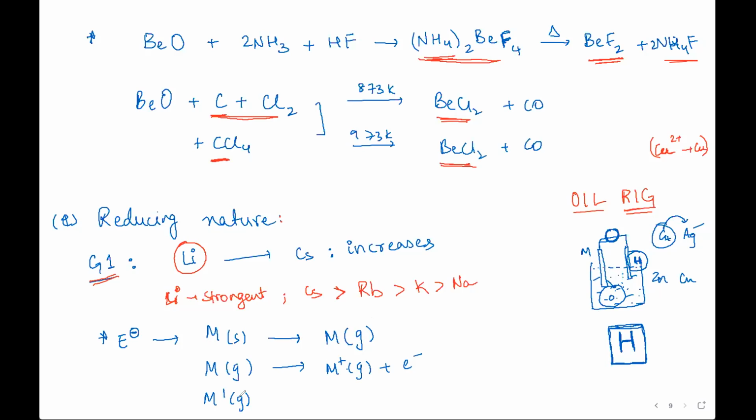So M plus gas in water should get converted to M plus aqueous. The energy change associated with the first step is sublimation enthalpy. The energy change associated with the second is ionization enthalpy. And the energy change associated with the third is hydration enthalpy.